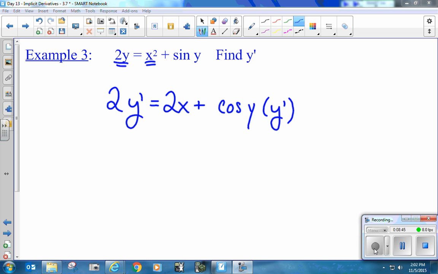Here's where people either get it right away or have to look at it for a second. In order to get y prime alone, because it's attached to two things, I need to get everything with y prime on one side and then factor it out. Then get everything else back home. So I will subtract the cosine of y times y prime from this side, and from this side.